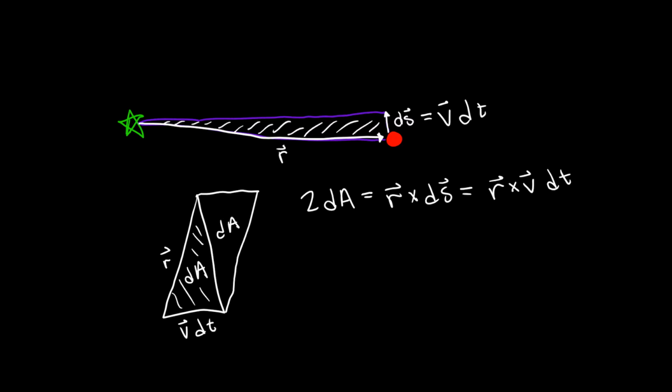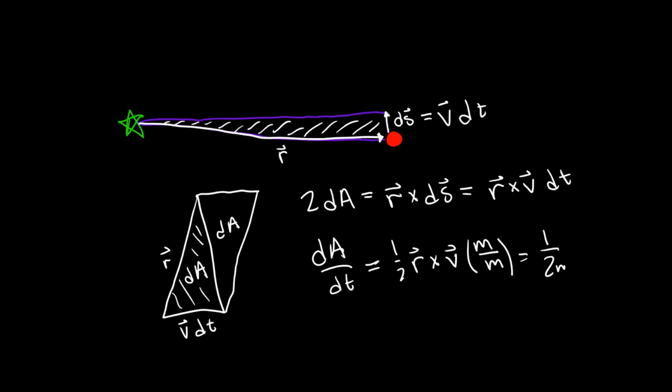Now I can rearrange things, and I find that dA/dt is equal to 1/2 r cross v, and just multiplying this by a factor of 1, which is the mass of the planet over the mass of the planet, this is 1/2m r cross p.